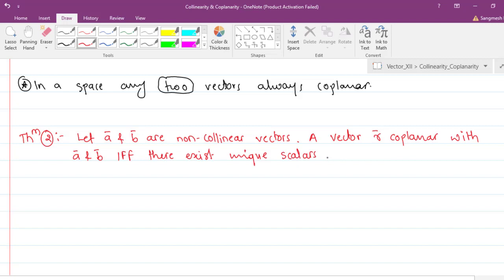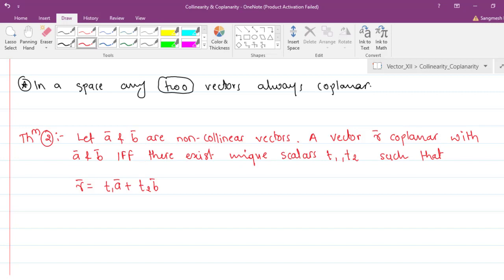I request all of you, please write along, t1, t2 such that r bar is equal to t1 a bar plus t2 b bar. Okay, we have to prove that r bar is equal to t1 a bar plus t2 b bar. If this is the case, then we say that these three vectors a bar, b bar and r bar are coplanar vectors.